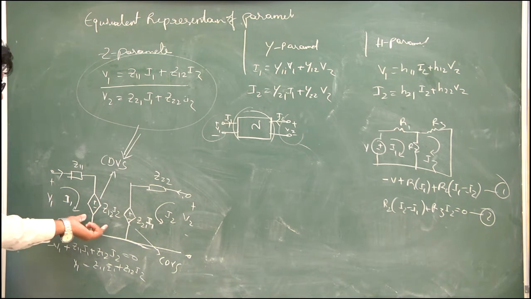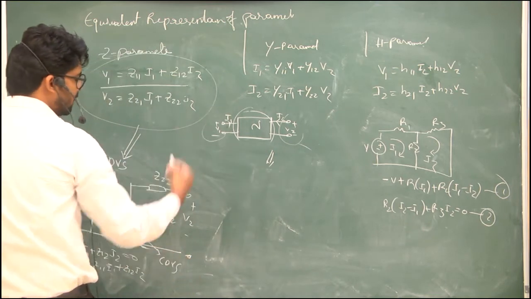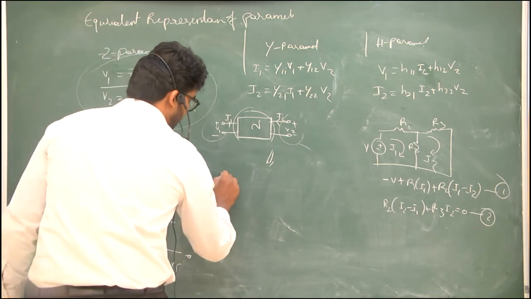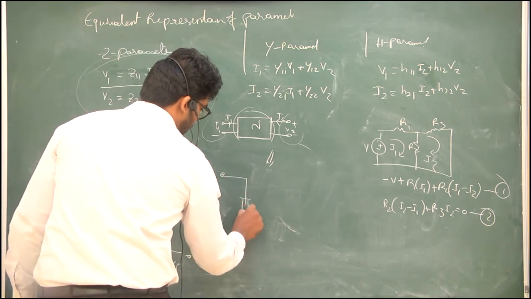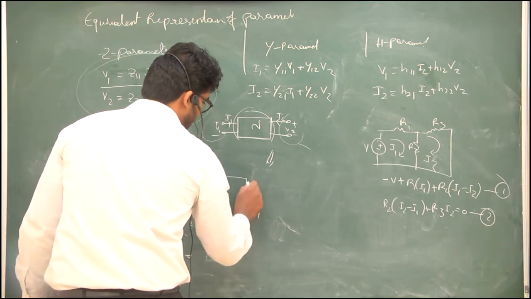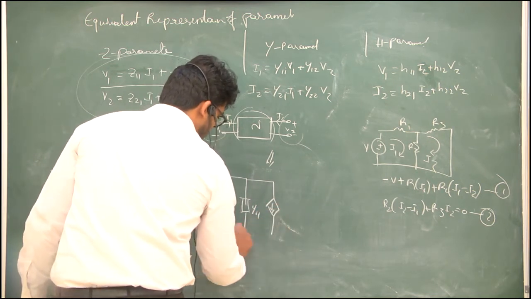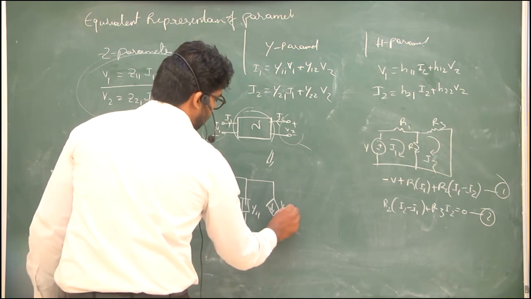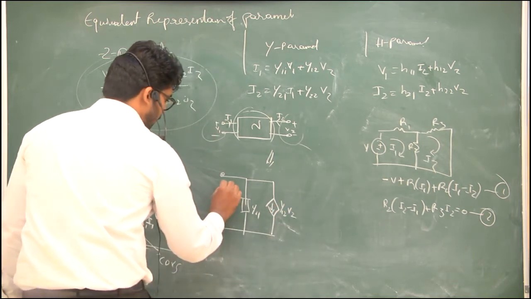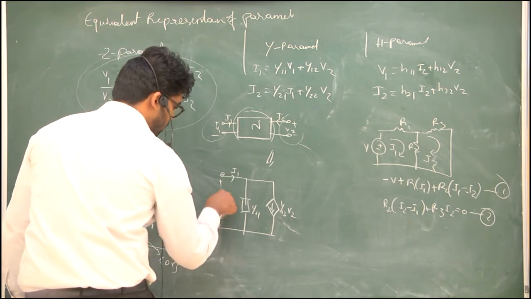Now coming to the Y parameters, how we represent them. I'm taking the terminals like this, placing Y11 in parallel with a dependent current source. I'm naming this dependent current source Y12 V2. Current I1 is entering, with plus and negative polarity.